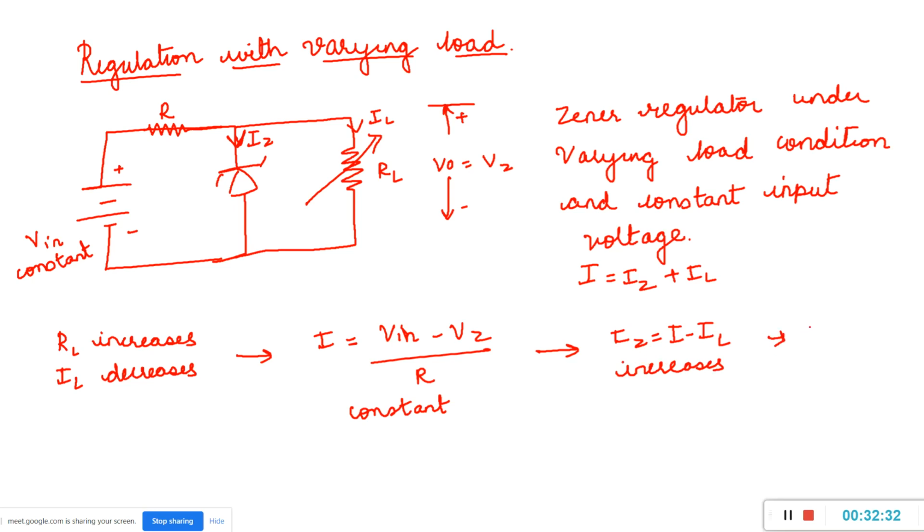As long as Iz is lesser than or equal to Iz max, we get a constant output voltage. Output voltage is constant, that means Vz is constant.